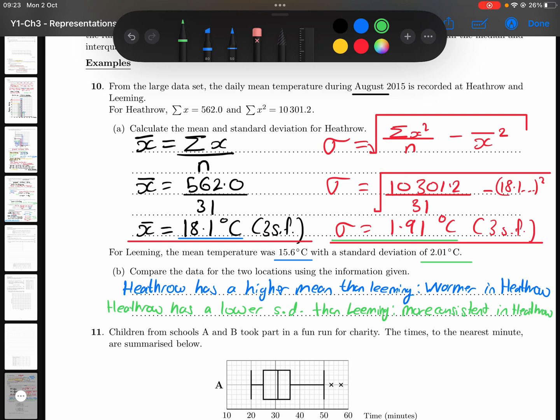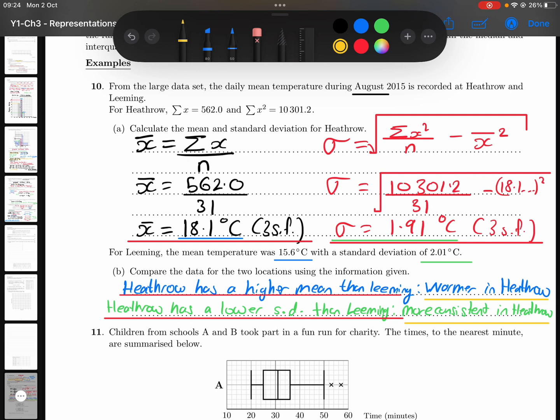I want to draw your attention to how we wrote quite a statistical summary in comparing the means and standard deviations, but we took the time to explain what that meant in more ordinary language, to say that it's warmer in Heathrow on average, and the lower standard deviation meaning it's more consistent temperatures in Heathrow.